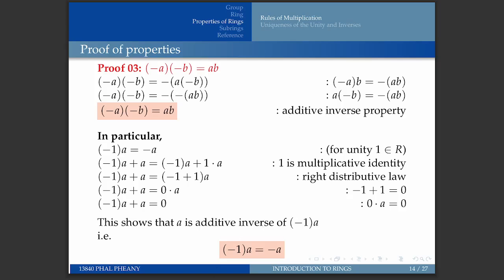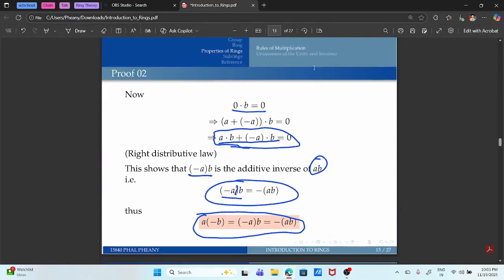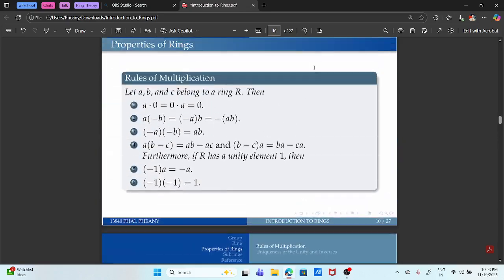Okay. Since property number 3 is related to property number 5, see here, property number 5, this one: minus 1 times a equal to minus a.